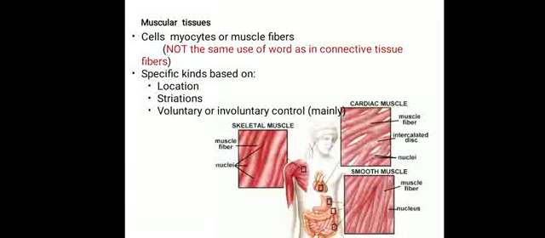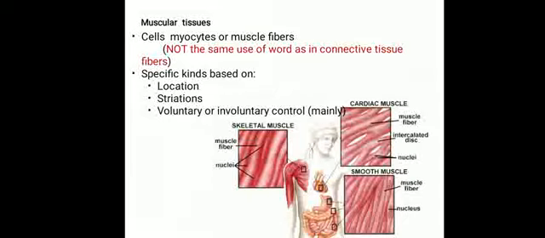The cells of muscles are called myocytes or muscle fibers. Not the same use of the word as in connective tissue fibers. This one is just muscle fibers. So, myocytes.